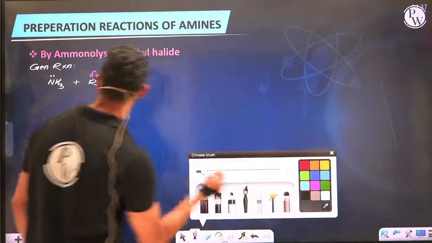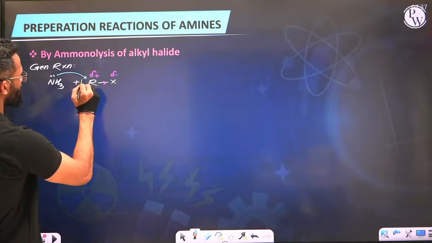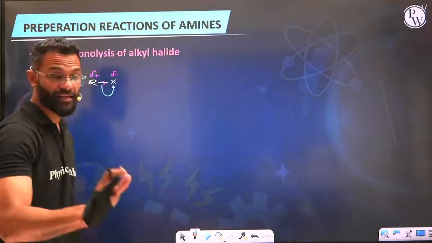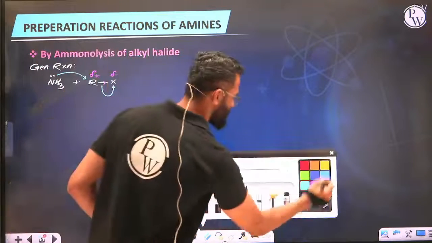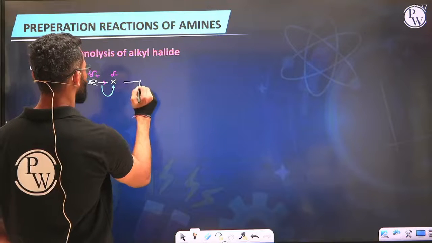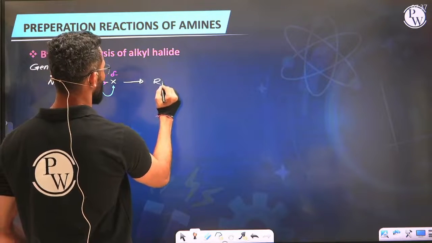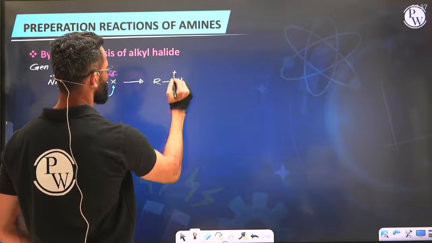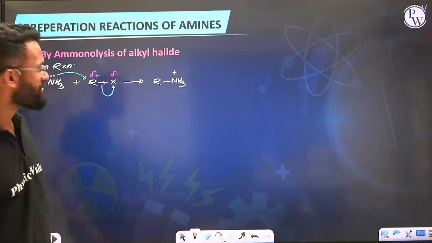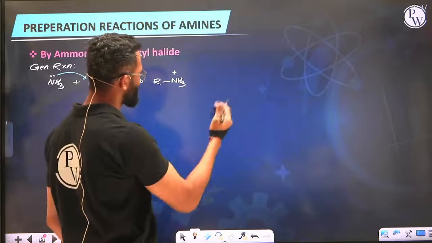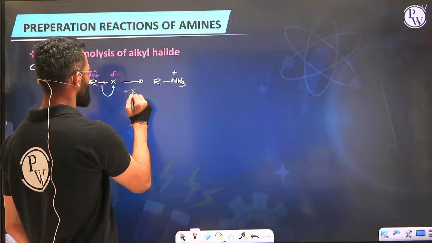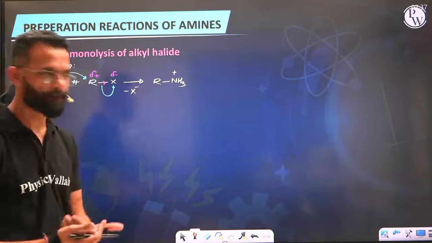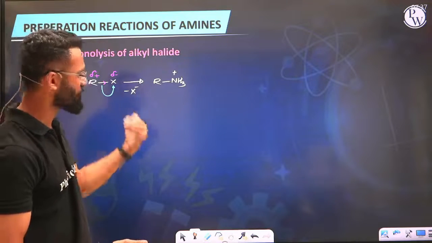Such a deficient alkyl group will always be attacked by the electron rich nitrogen followed by departure of halogen simultaneously. Assuming this is a less sterically hindered alkyl group, we get formation of RNH3 plus and X minus. I'm writing that X minus here. So basically what we're getting is alkyl aminium halide salt.